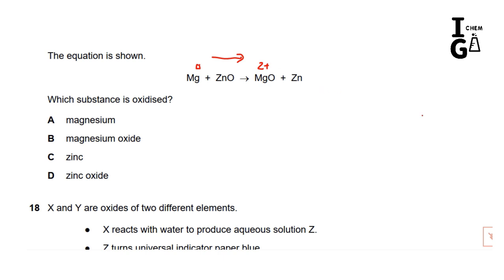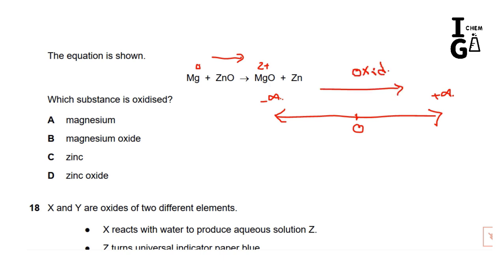Okay, so you can also remember, if we have this line, with 0 here, positive here, and negative here, the direction to positive should be oxidation, and the direction to the negative side should be reduction.